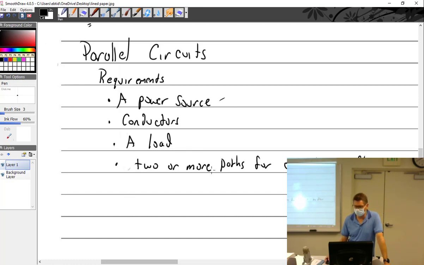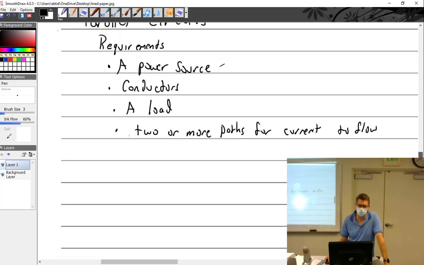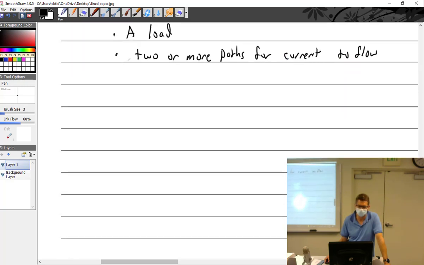All right, so let's talk about old Mr. Kirchhoff and his laws, because they're different for parallel circuits. Kirchhoff's laws. Voltage.